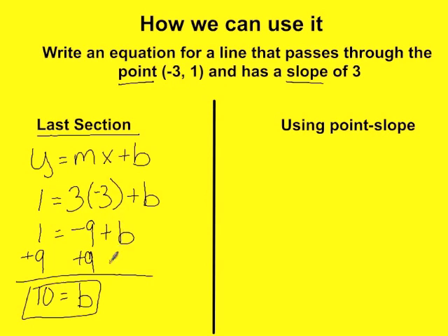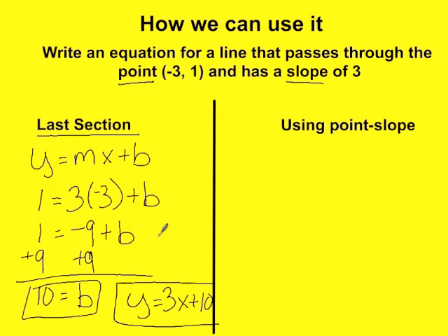So we'd do all these steps to get a y-intercept of 10, and we could finish our equation by writing y equals, our slope is 3, 3x, our y-intercept is 10, plus 10. And that's what we had to do in the last section. It takes some time and some calculating. You need to make sure you're plugging in the points in the right spots.